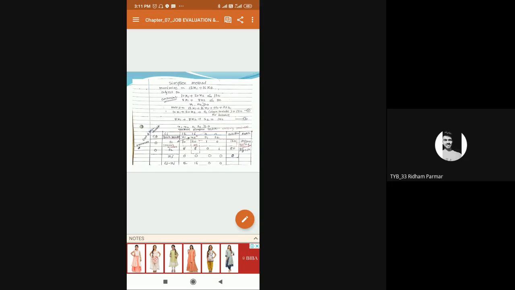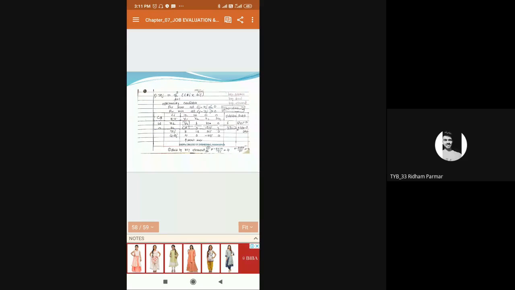Now you have to divide each element by this 20. It's 10 divided by 20, 20 divided by 20, 1 divided by 20, 0 divided by 20, 120 divided by 20, like this.